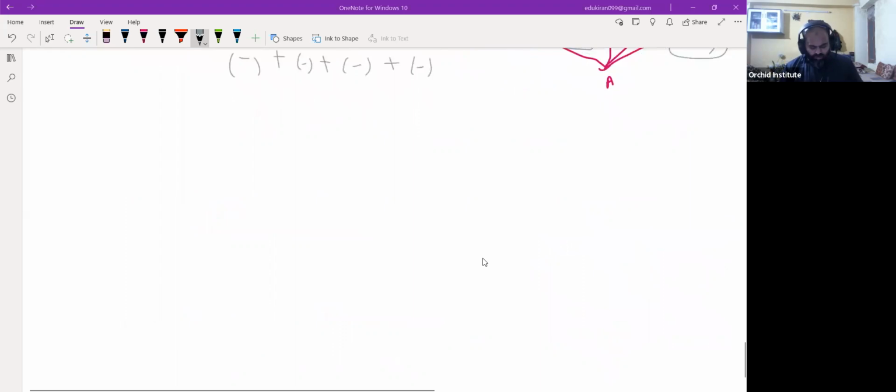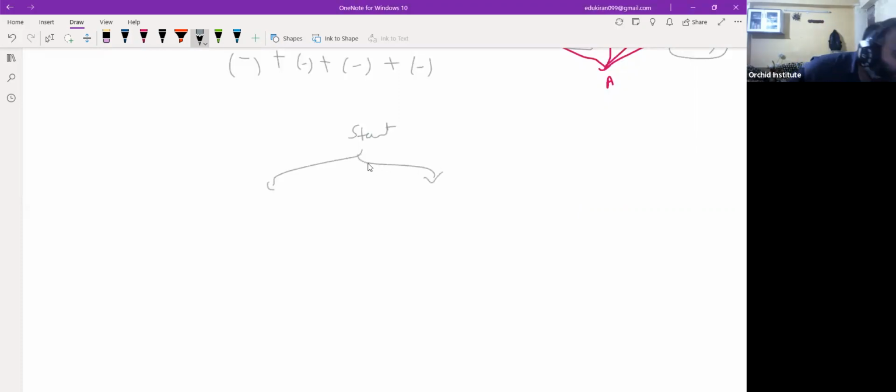A card from a pack of 52 cards is lost. From the remaining cards of the pack, two cards are drawn and found to be both diamonds. Find the probability of the lost card being a diamond. So again, tree diagram is quite helpful in such cases, in all cases of Bayes theorem, in fact. So you start the experiment and you have two mutually exclusive events. What are those two?